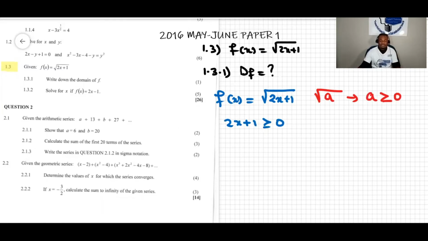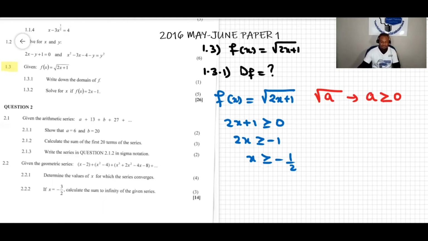If we move the 1 over, 2x is greater or equal to -1, or x is greater or equal to -1/2. So f of x can only accept values of x that are greater or equal to -1/2.